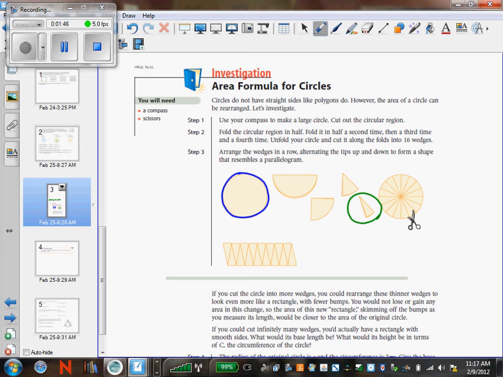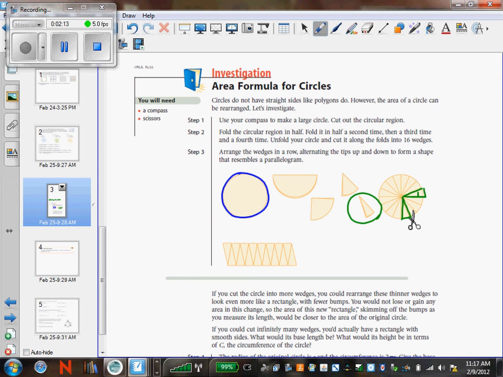Once you get it all folded, then I want you to unfold it and use the crease marks and use your scissors to cut out each individual little piece of pie. So you will cut all of these out. There should be 16 of them.